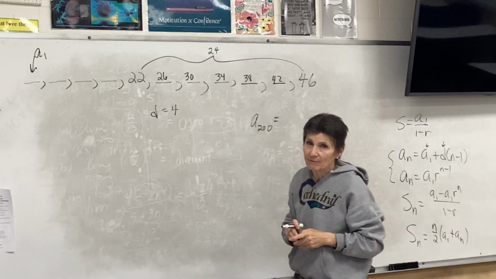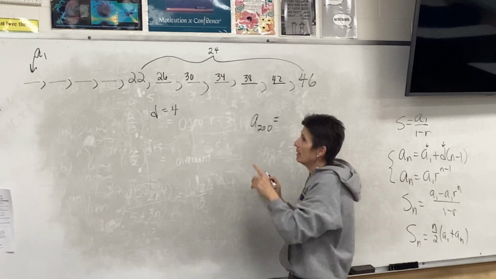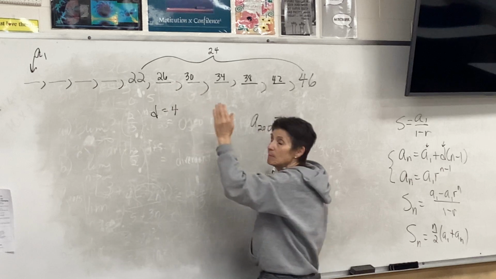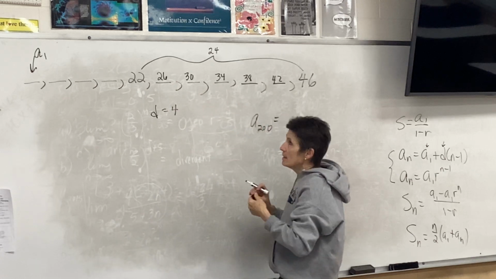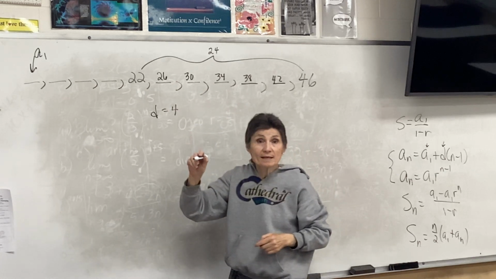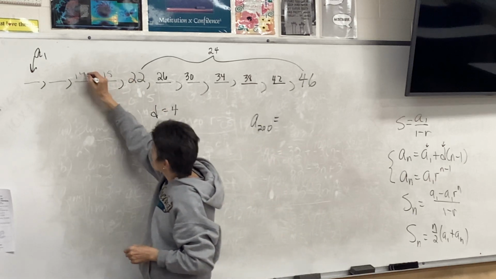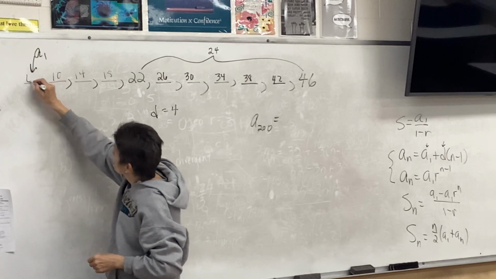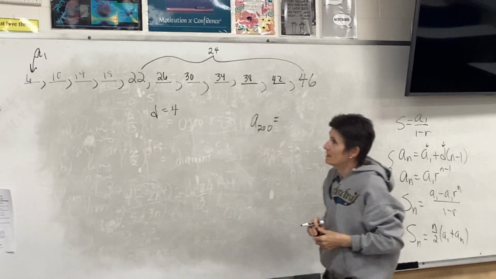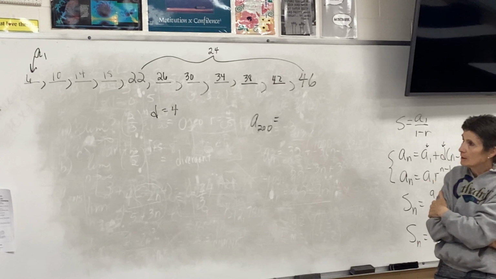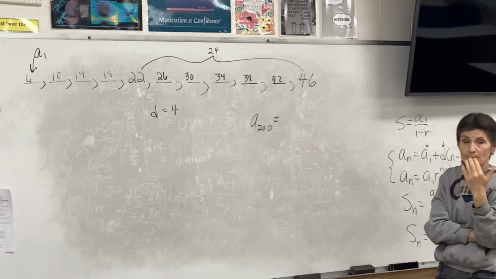Well, that's going to be easy to find, because if I get from here to here to here to here by adding 4, then to go backwards, I'm going to be subtracting 4. So 18, 14, 10, 6. So the first term is 6.